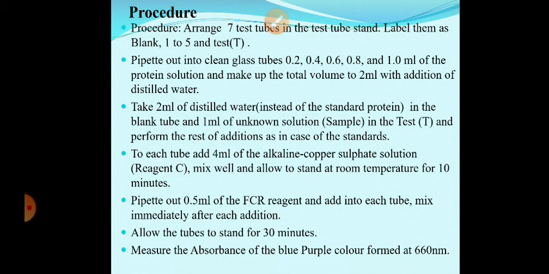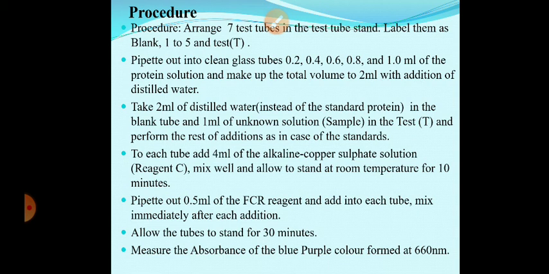In the test tube labeled as test 1 or test 2, you have to add 1 ml of unknown solution or sample. You have to take 1 ml of sample and add 1 ml of distilled water so that the final volume becomes 2 ml. Got it?